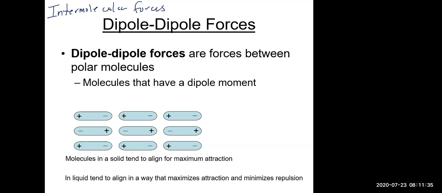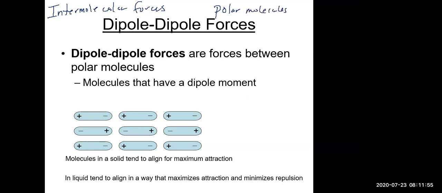So the first type of intermolecular force is dipole-dipole forces, or dipole-dipole interaction. You might remember dipole from when we talked about bonding. Dipoles are things that happen in polar molecules.